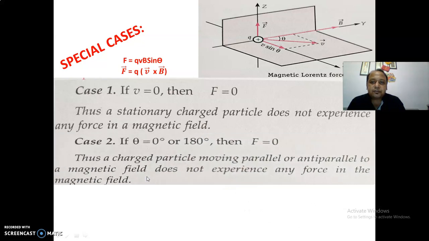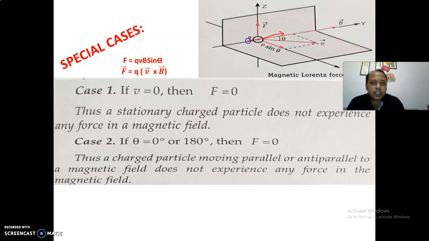Now next case, if theta is 0 or 180 degrees, that means the charge q is moving in the direction of the magnetic field or opposite to it. Suppose the charged particle is moving in the direction of the magnetic field, then the angle between v and B will be 0 degrees, and sine 0 is 0, that means force will be 0.